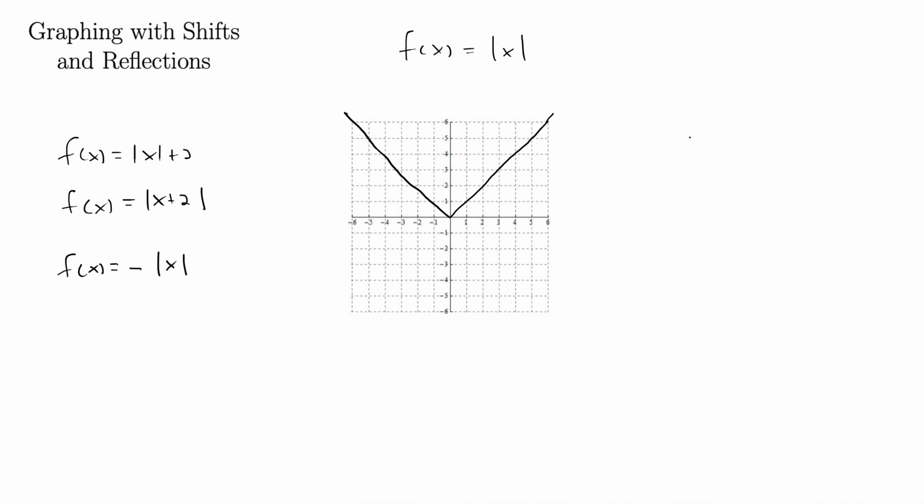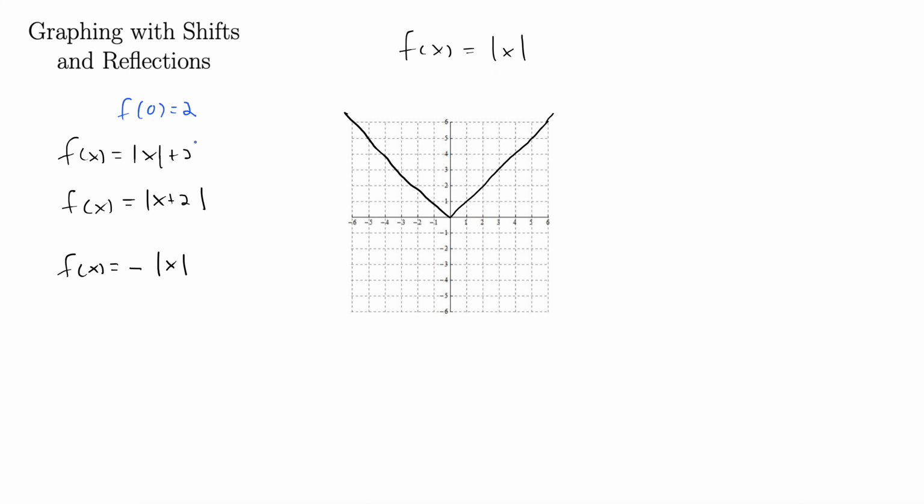So let's just take a look at what would happen with absolute value of x, plus 2. So every x value that went in here, when we put in, say, for instance, 0, let's just see what happens with 0. f of 0, right, we put in 0 for x, it gets bumped up by 2. Okay, and you can see how that would happen with every single value that we put in for x. It's going to get bumped up by 2 for the y. So what does that do?